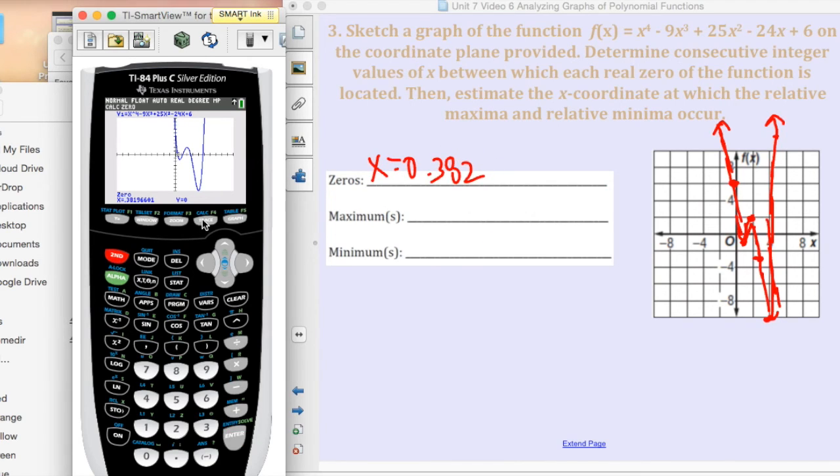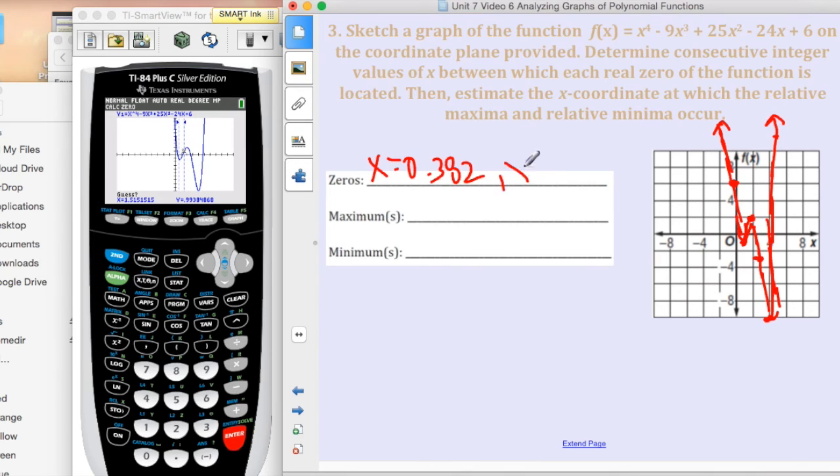Let's find the next one. So second calc, 0, number 2. Trying to find this one, so I'm going to move a little bit. Okay, I'm to the left of it, going above. I'm to the right. So x is 1.51. So that's my next one. 1.515. Let's find the next one.